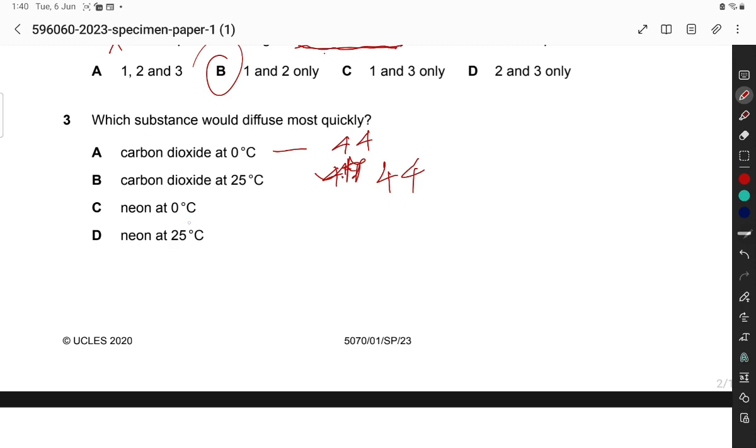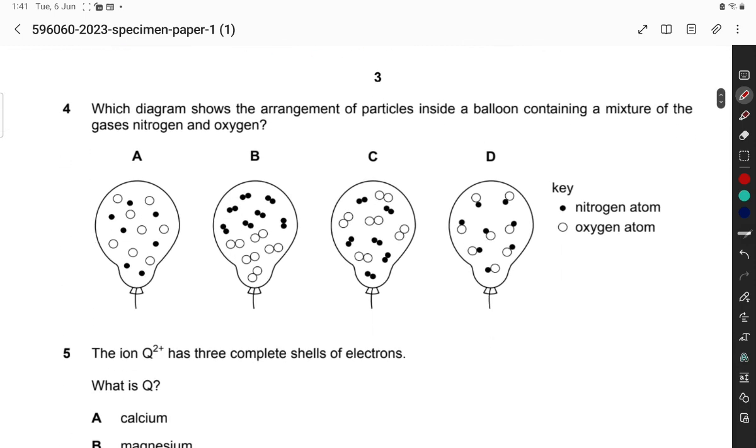Neon at 0 degrees centigrade, no, this is not correct. Neon at 25 degrees centigrade has the same Mr, but over here it is 0 degrees centigrade. In this option the temperature is increased, so D is the correct option.